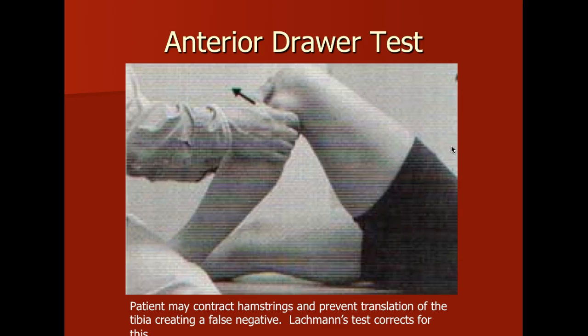Here the patient is sitting, and the practitioner, whether athletic trainer or physical therapist, puts their thigh over the patient's foot just to stabilize, and then pulls in the anterior direction. Depending on how much translation they have compared to their uninvolved side, this practitioner is going to have to test the uninvolved side as well, just to compare how much laxity they have.